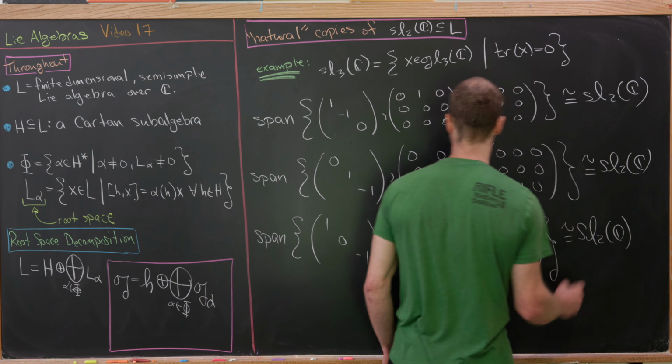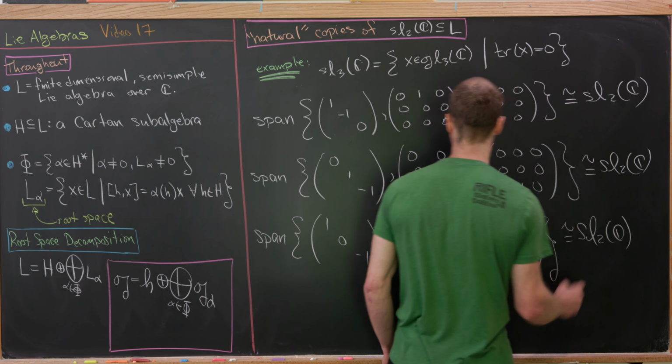But then by the definition of non-degenerate, that means that there exists some y inside of L such that the killing form of x with y is not equal to 0. So what are we going to do with that y?